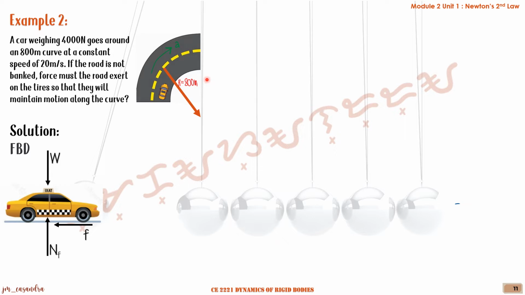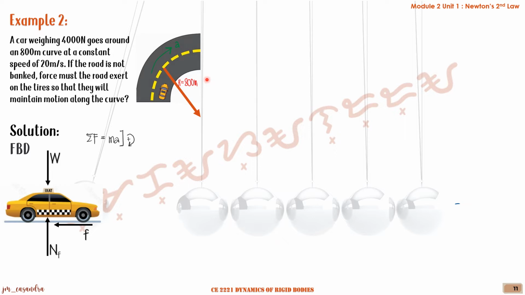Therefore, what we will do is to apply our equation of motion. So we have summation of F equal to MA, and our direction now will be a circular one, clockwise or counterclockwise rotation.